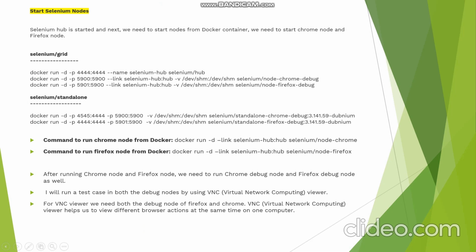After running the Docker Chrome node and Firefox node, we can also run the debug nodes for Chrome and Firefox. If I run this test case on both debug nodes, we can view it using VNC viewer, basically virtual network computing. For VNC viewer, we need both the debug nodes of Firefox and Chrome. This VNC will help us verify the different browser actions at the same time on one computer.